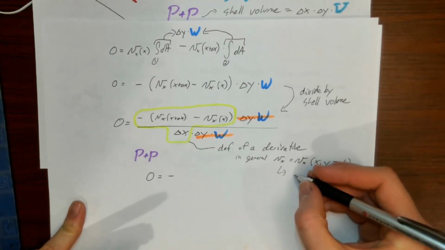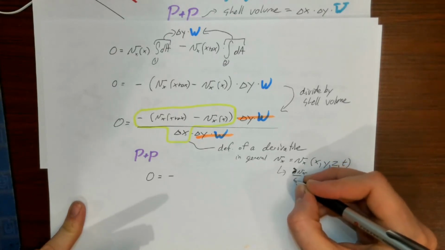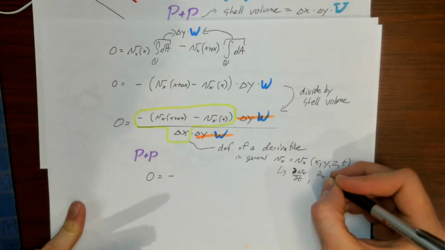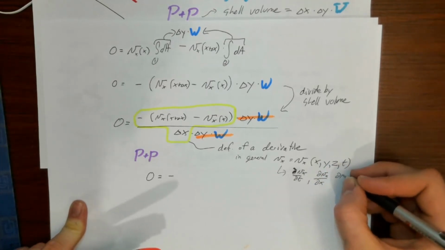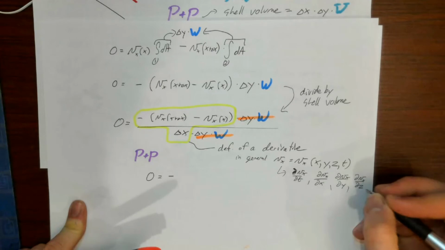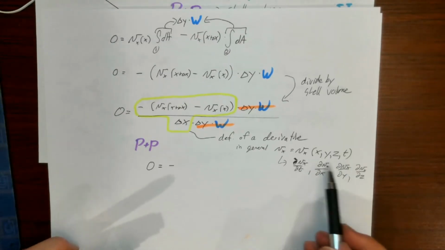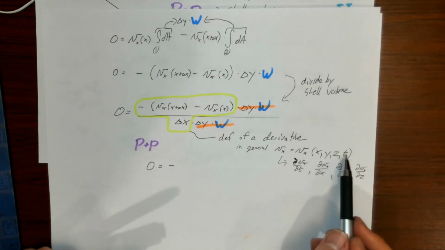So hypothetically, there could be some partial derivative of Vx with respect to time, x, y, and z, because Vx could vary with x, y, z, and time.